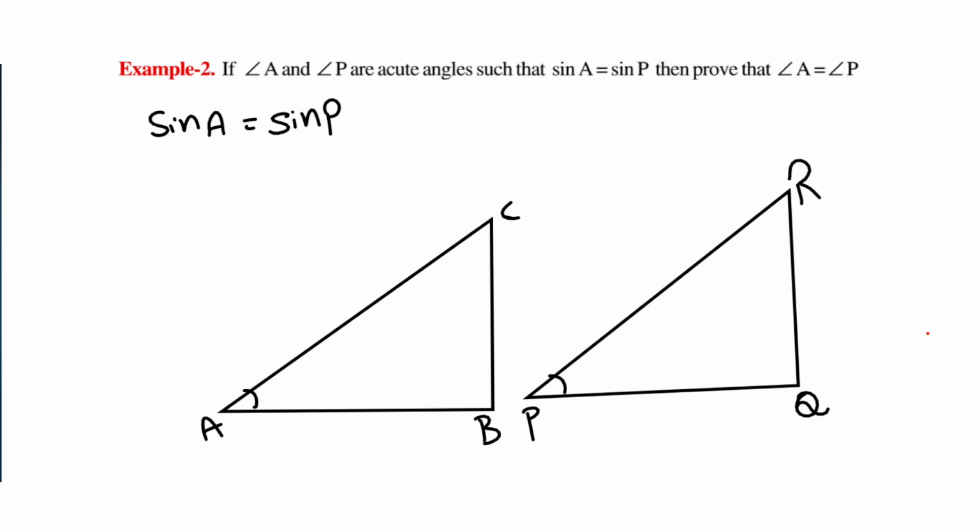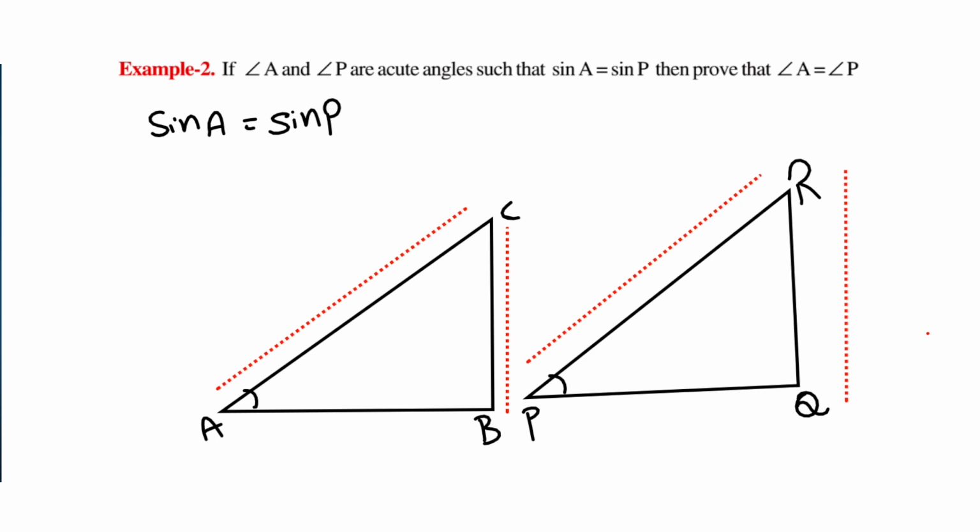So here, sin A equals the opposite side of the angle, BC, by the hypotenuse, that equals AC. Similarly, sin P equals the opposite side of the angle, QR, and the hypotenuse is PR.